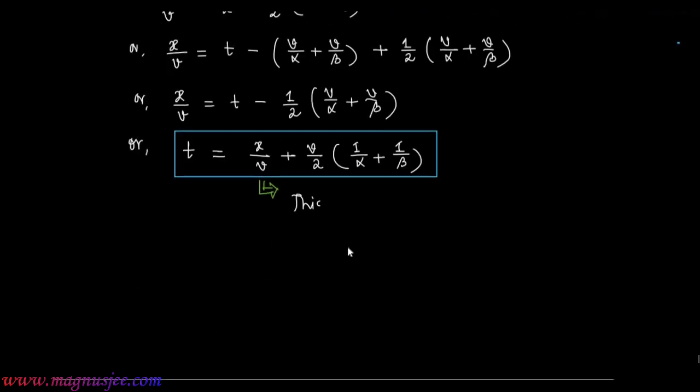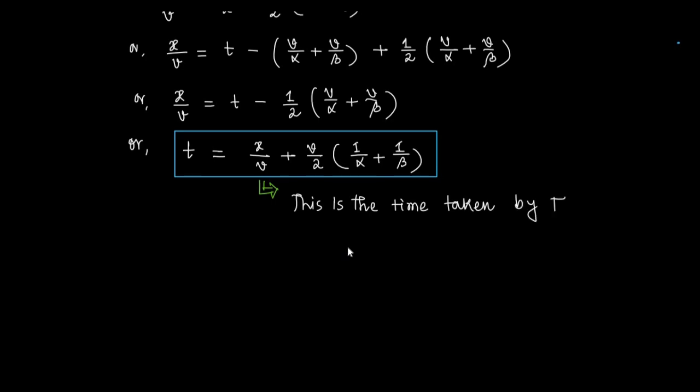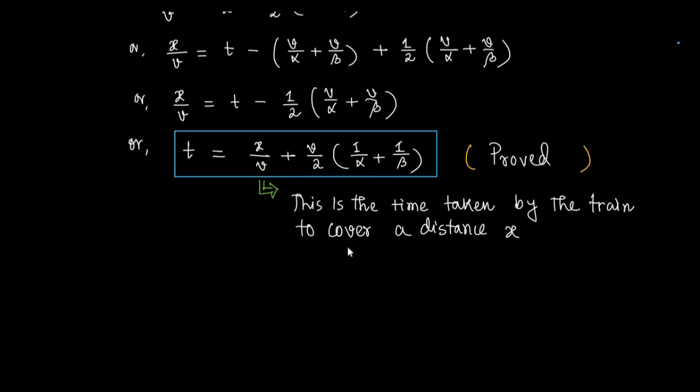And this is the total time in which the train travels from O to A, then A to B, then B to C. This is the time taken by the train to cover a total distance x, with constant acceleration, then with uniform velocity, then with constant retardation. Hence, this expression is proved.